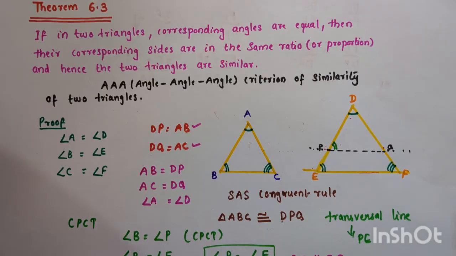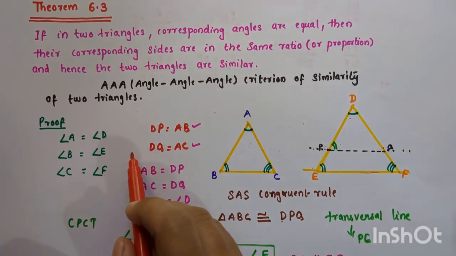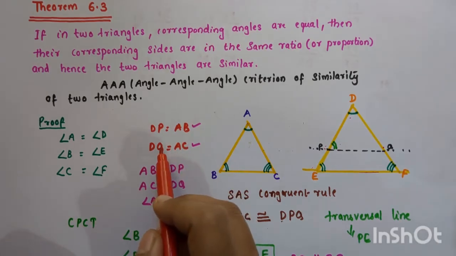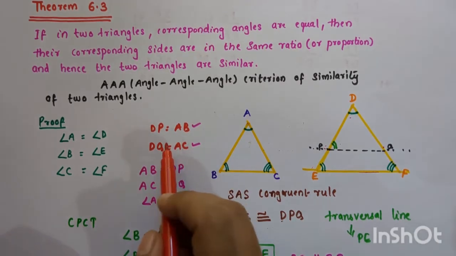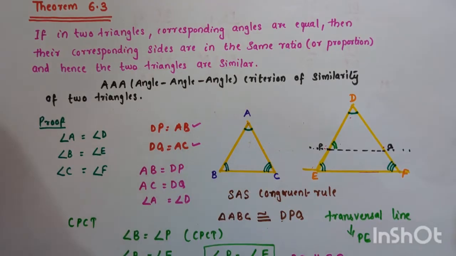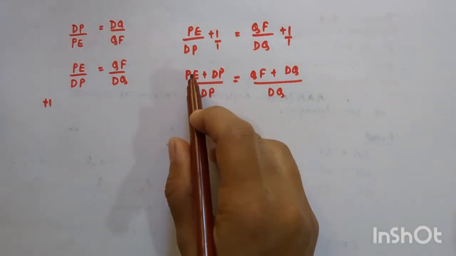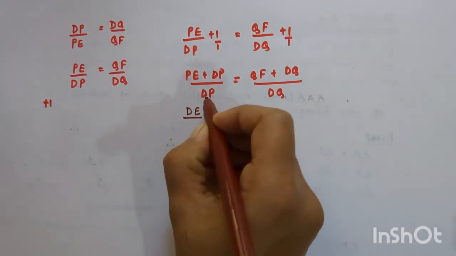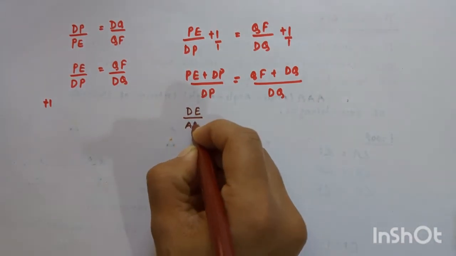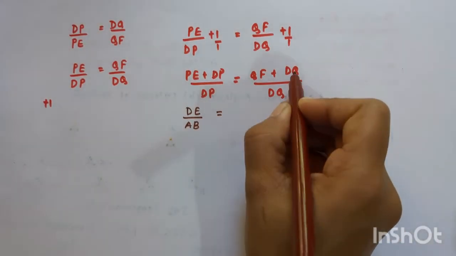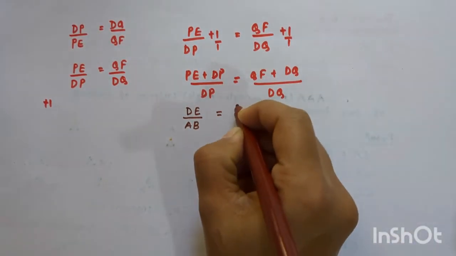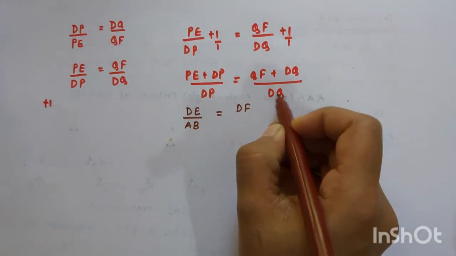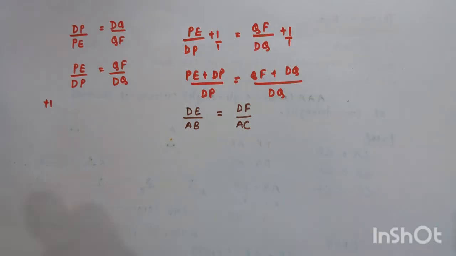It is also given that DP is equal to AB and DQ is equal to AC. We are going to apply that to our equation. So PE plus DP, that is DE, divided by DP, which is AB, is equal to QF plus DQ, which is DF, divided by DQ, which is AC.